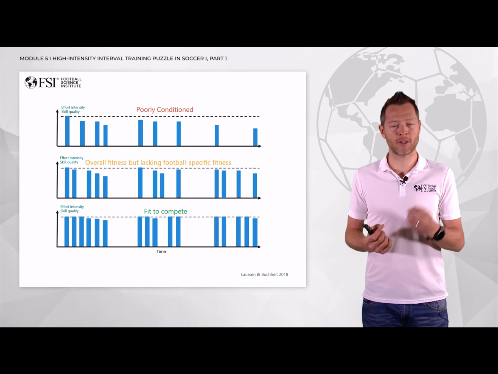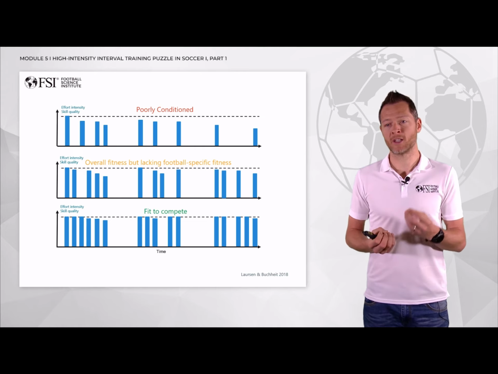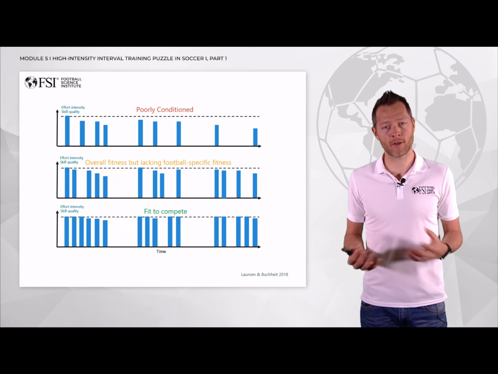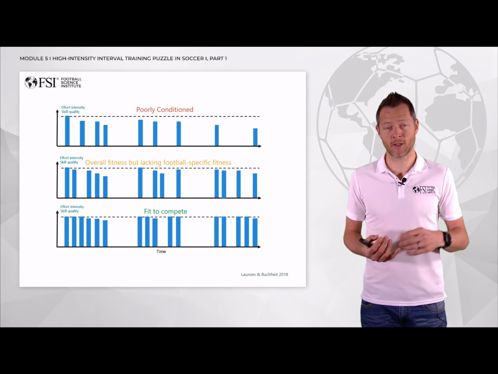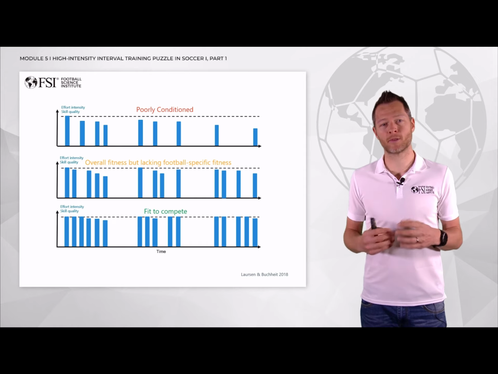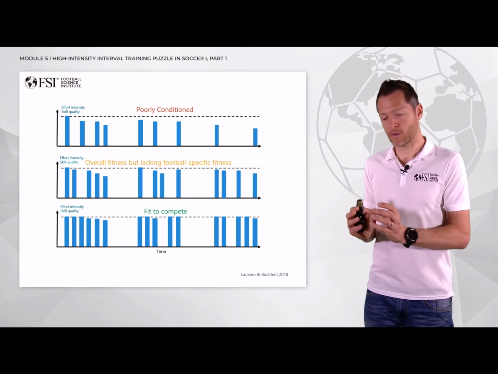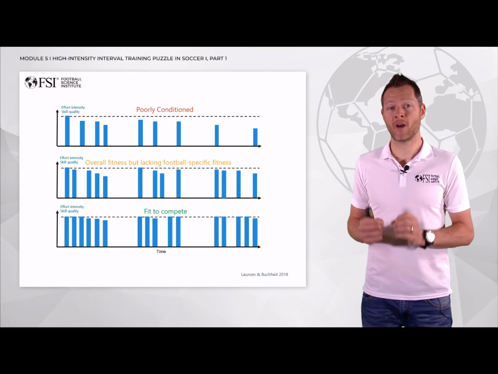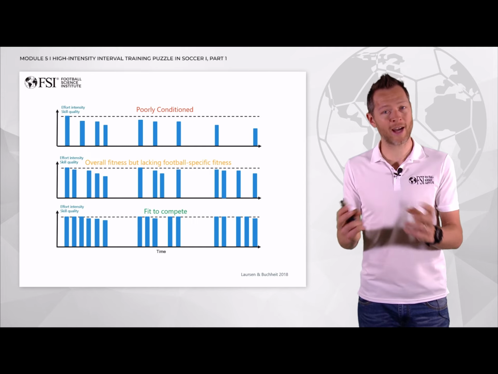So when I talk about generic versus specific, I would say that generic is more about being fit in general through generic types of exercise. So running, could be cycling, could be rowing, so a kind of developed general fitness, versus a specific fitness, which is more the ability to repeat football actions, if you want.